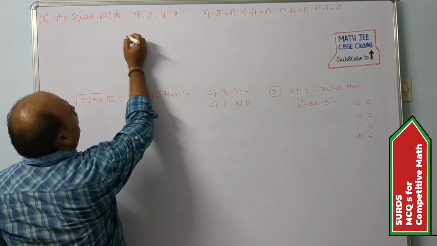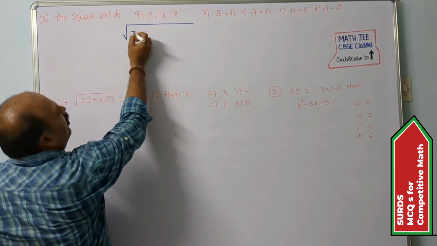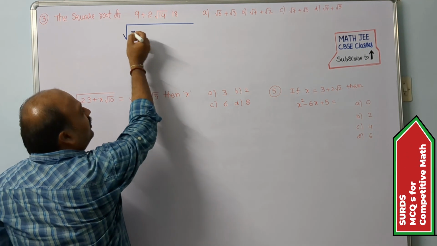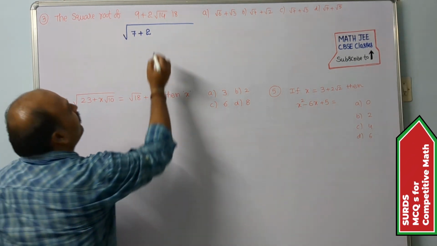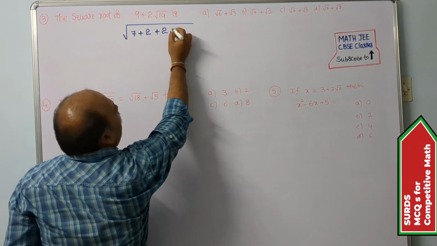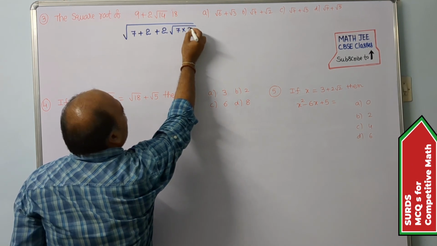So the square root of 9 plus 2 root 14. 9 can be written as, always write the bigger of the two numbers first, 7 plus 2, plus 2 into root 14. Root 14 can be expressed as root 7 into root 2.